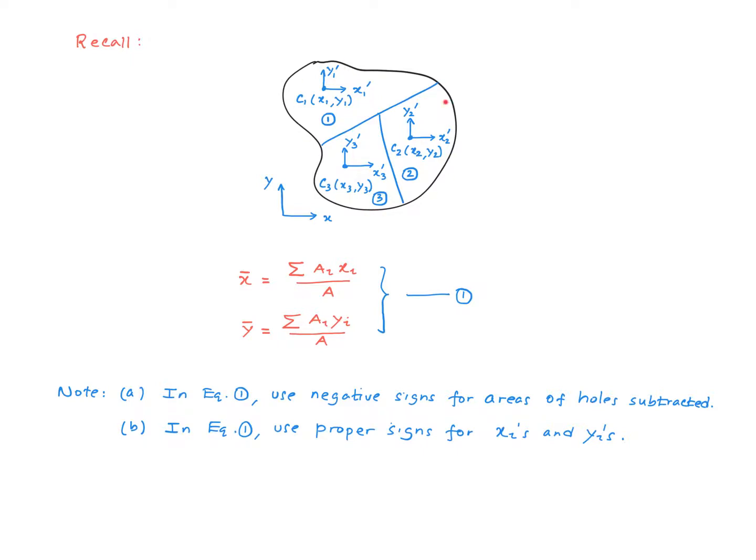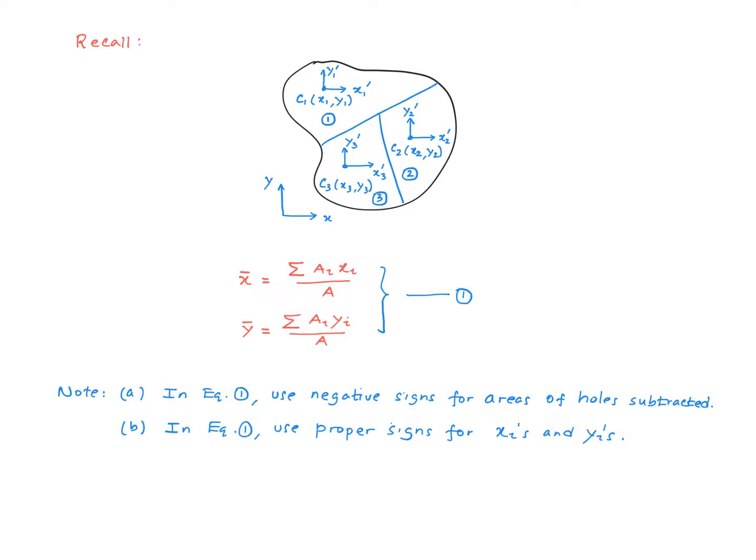In this example, the composite section is subdivided into three areas: sub-area 1, sub-area 2, sub-area 3. And in this equation, Ai is the area of sub-area i, and xi is the x-coordinate of the centroid of the sub-area i. A here is the total area.